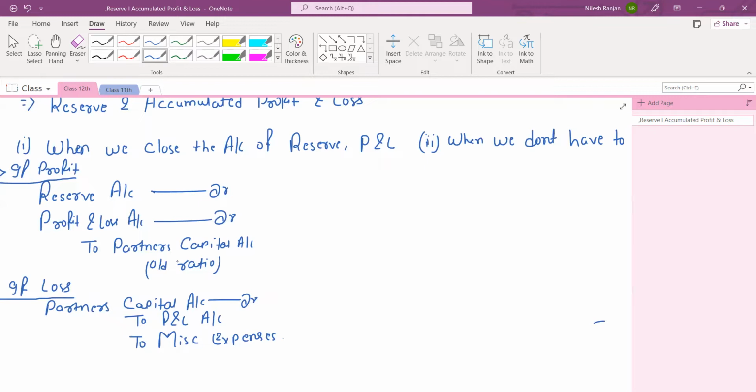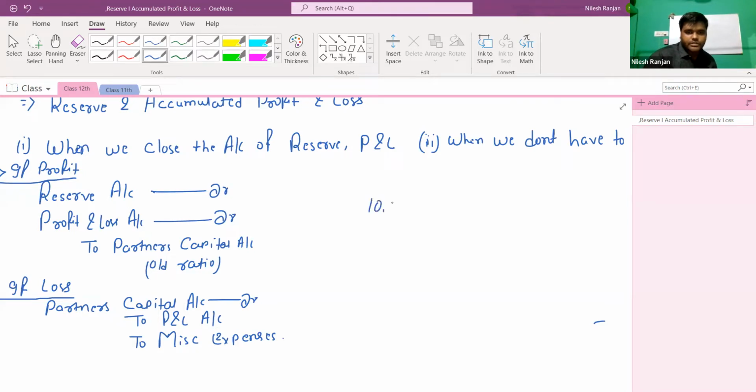Okay, so let's say there is a reserve of 10,000 and a profit balance of 50,000. So the total is 60,000.